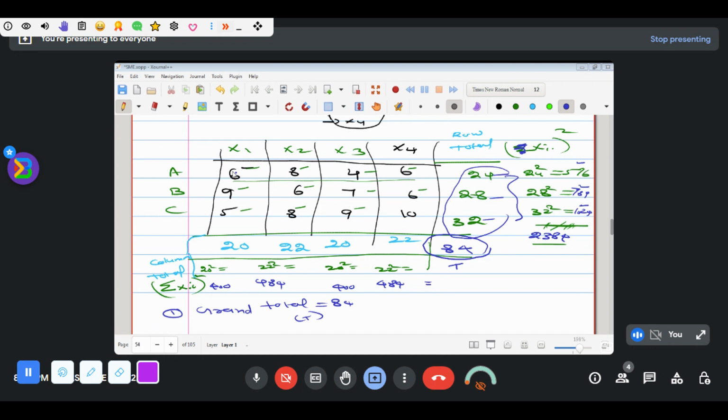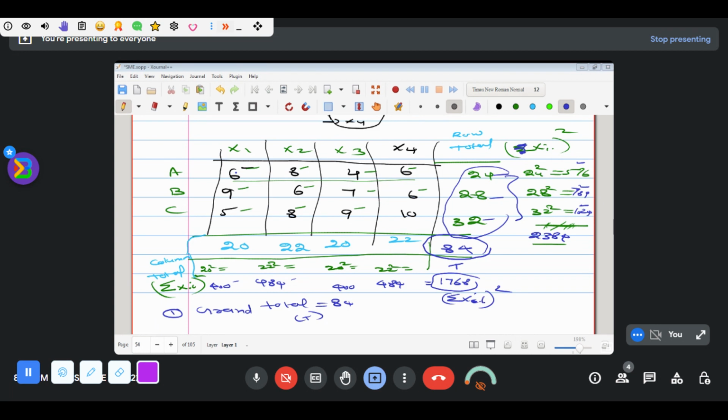So please check that each has 3 data values. 1768. Okay. And this is called the sum of the squares of the status.